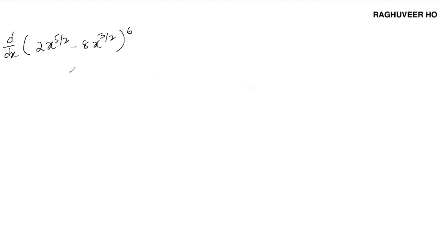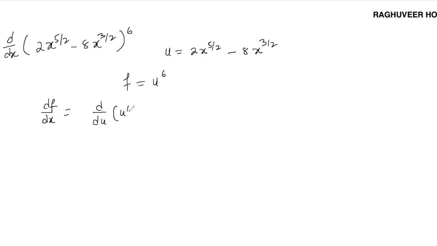So we'll solve another problem. Now in this problem, we'll apply the chain rule. Let u be 2x to the power of 5 by 2 minus 8x to the power of 3 by 2. So f will be u to the power of 6. So df by dx is d by du of u power 6 multiplied by d by dx of 2x to the power of 5 by 2 minus 8x to the power of 3 by 2.